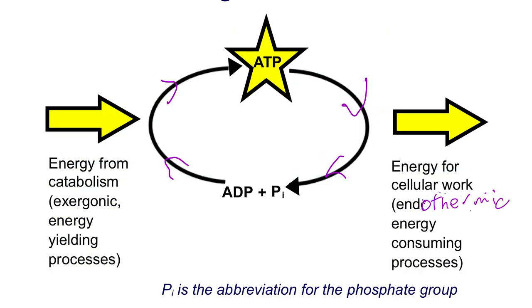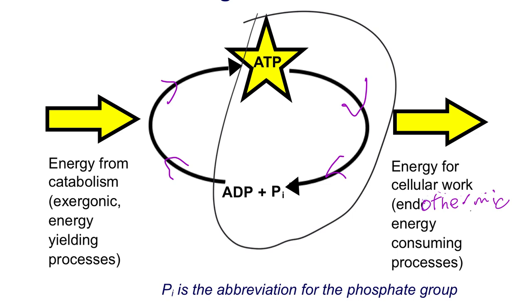Okay, so to summarize, ATP will turn into ADP and release the energy, and that energy will be used to do all the things that we just talked about, primarily to run endergonic reactions.